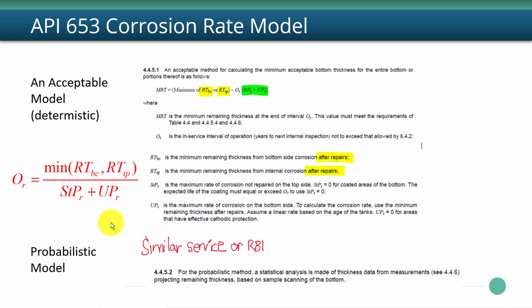The second method is probabilistic, which is allowed to be used in API 653, and typically that would be either similar service or risk-based inspection, RBI. It says for a probabilistic method, a statistical analysis is made of the thickness data from measurements.